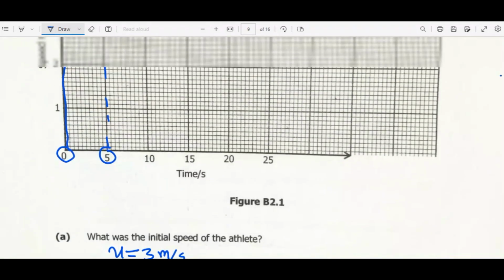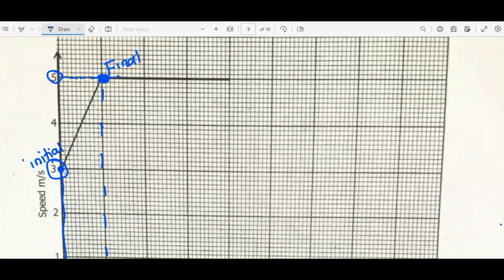So if we go back to our graph, how can we find the total distance? We need to look at the shape that we are going to have for this one. So this is the starting point. Then the graph is ending at 5, 10, 15, 20.